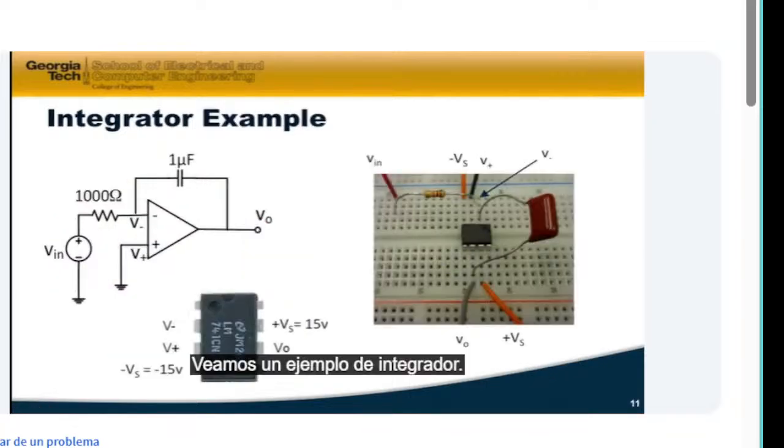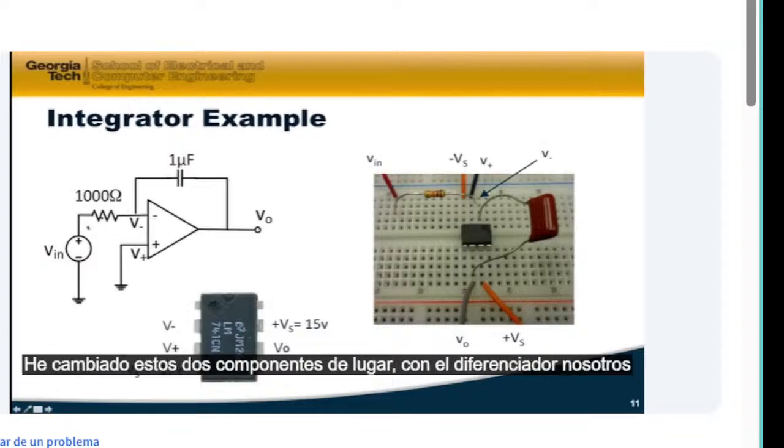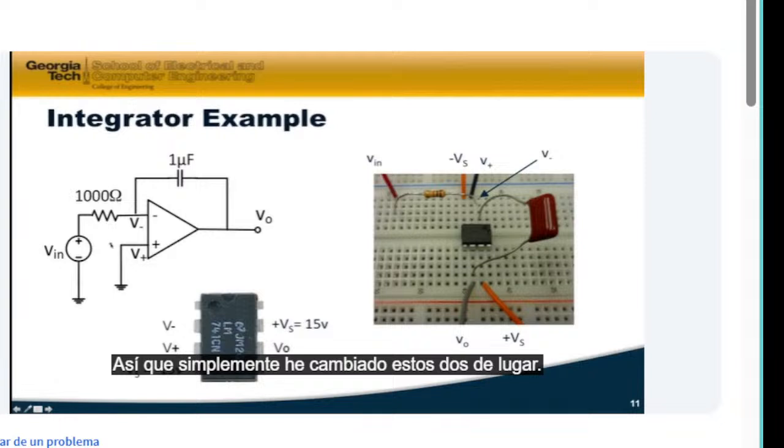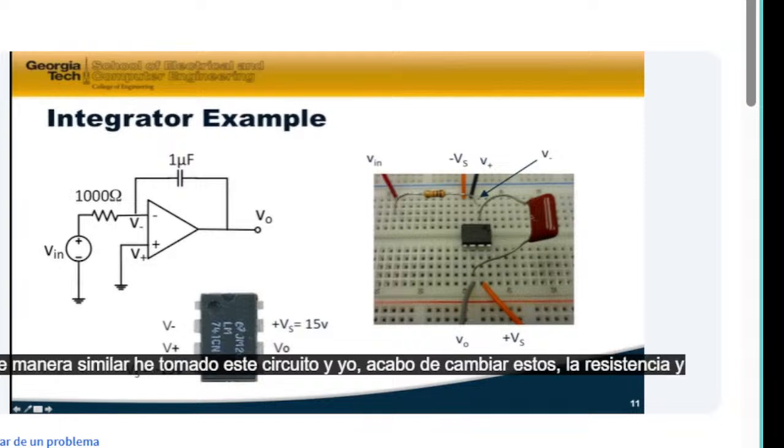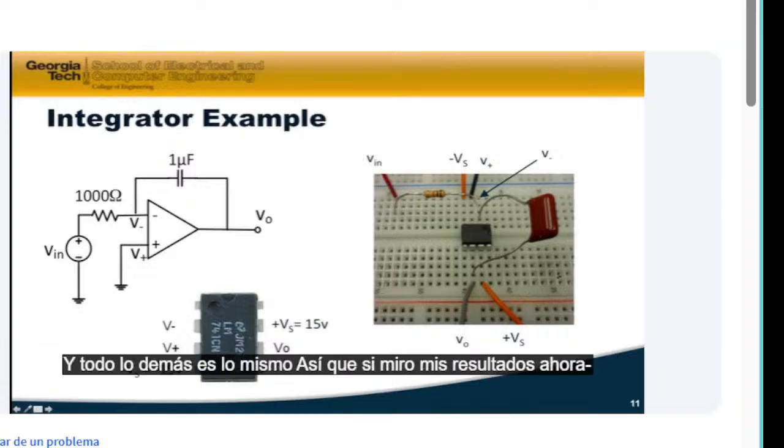Let's look at an integrator example. This is exactly like what we did before. The only thing different is I've switched these two components around. With the differentiator, we had the capacitor here, now we've got it over here. So I've just switched these two around. And similarly, I've taken this circuit and I've just switched the resistor and the capacitor around, and everything else is the same.